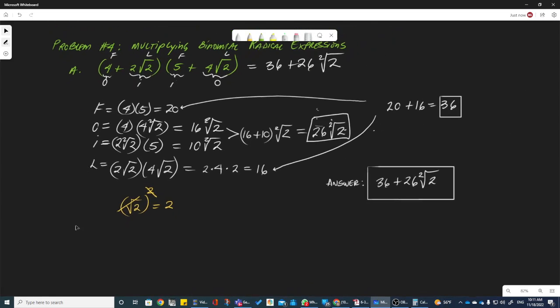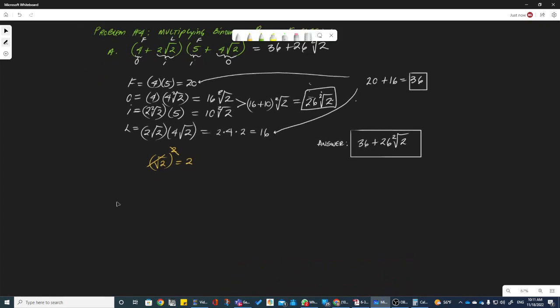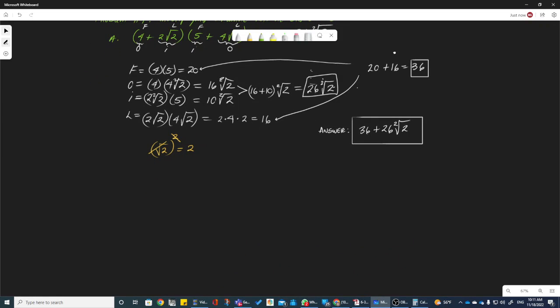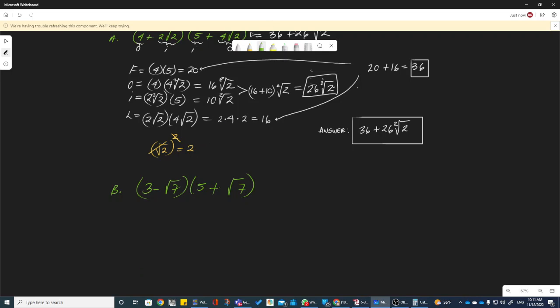Okay, we'll do one more for safety measures. Okay, B. 3 minus the square root of 7 times 5 plus the square root of 7. Okay? And you're going to do the same deal. You're going to use FOIL first, last, outer, inner, okay?